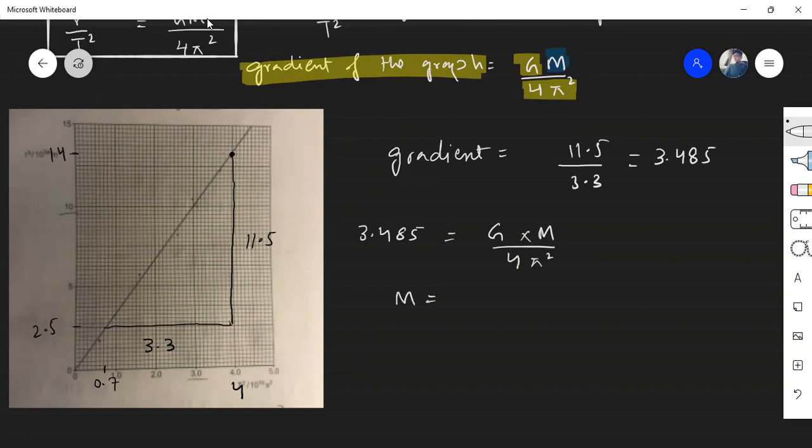M is equal to 3.485 times 4 pi squared divided by G. I'm just going to write the final value now. So this is equal to 2.06 exponent 12 kilograms.